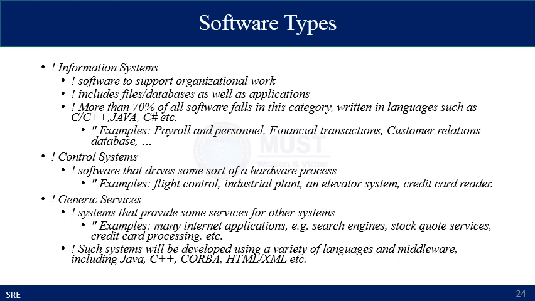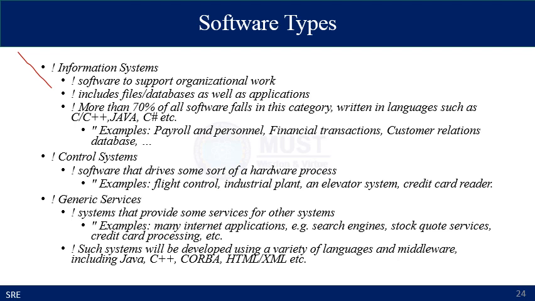So software can also have various forms and shapes, and one of the most used forms of software is the information system. These systems support organizational work such as your CMS or any system used in offices or other institutes.